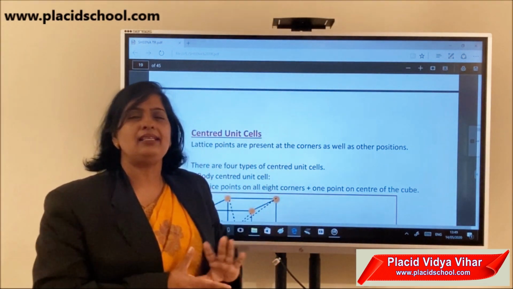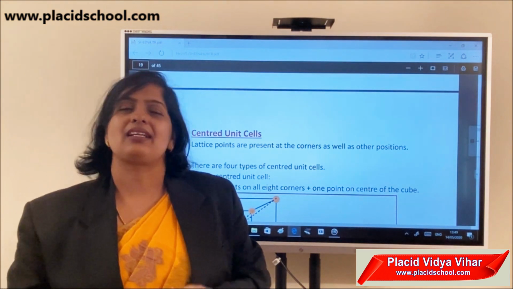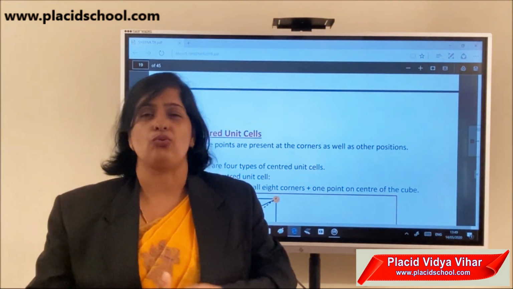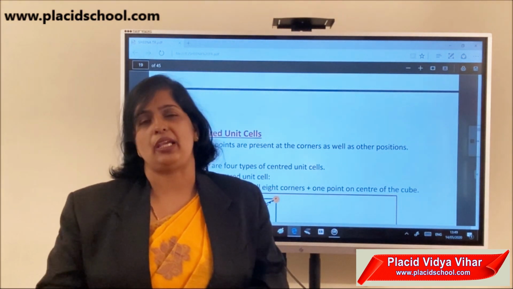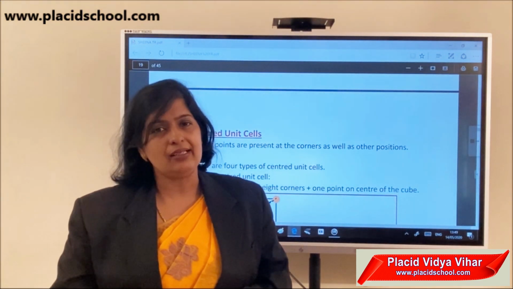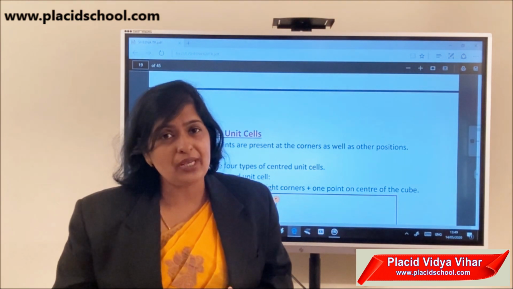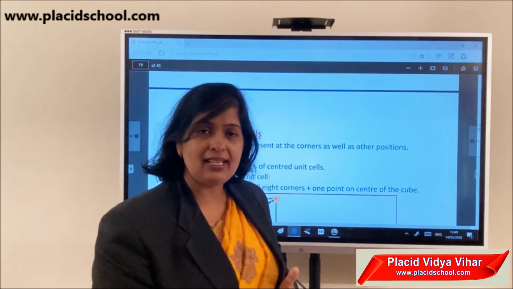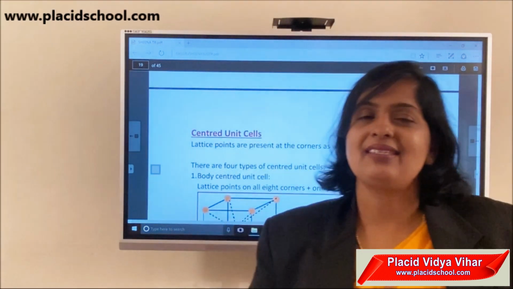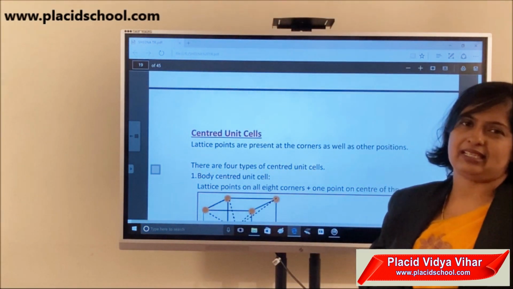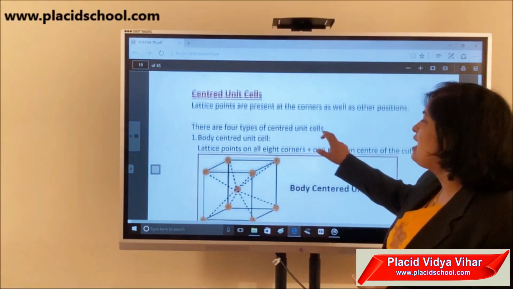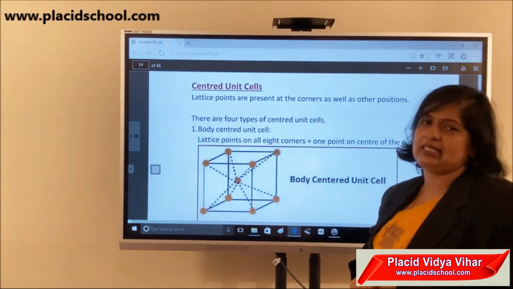Again, centered unit cells are of four types. They are body-centered unit cell, face-centered unit cell, end-centered unit cell, and edge-centered unit cell. The first one is body-centered unit cell.